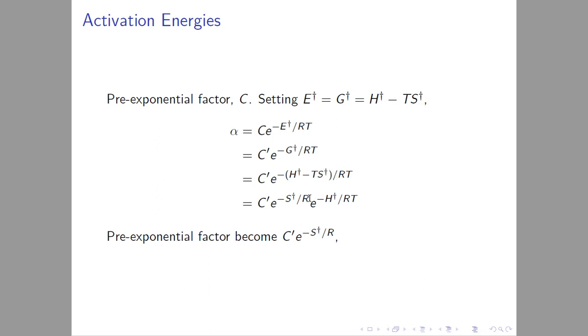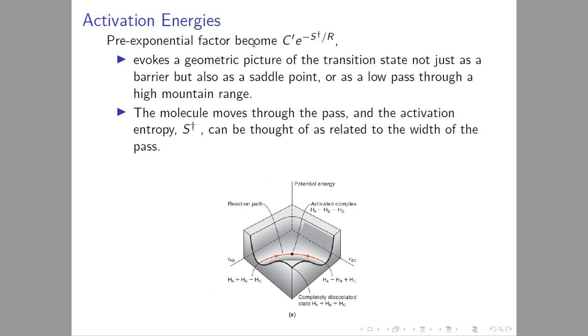So one part becomes a constant, and the other depends on the enthalpy. The frictional factor becomes C times exponential of S dagger over R, where S dagger is the entropy.